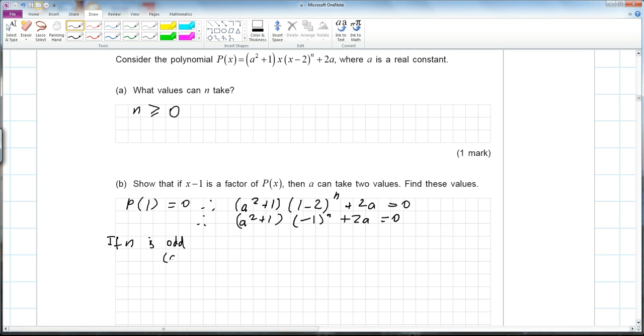So we get a squared plus 1 times minus 1 plus 2a equals 0. Therefore, minus a squared take 1 plus 2a equals 0, so a squared take 2a plus 1 equals 0, just rearranging the previous line.